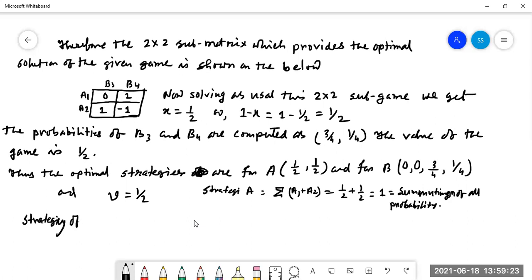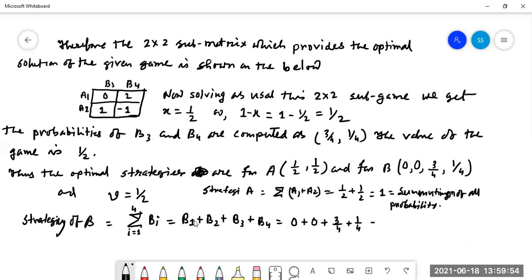and the same thing for strategy B: summation of Bi for i equal to 1 to 4, that is B1 plus B2 plus B3 plus B4, equal to B1 is 0, B2 is 0, plus B3 equal to 3 by 4 plus B4 equal to 1 by 4.